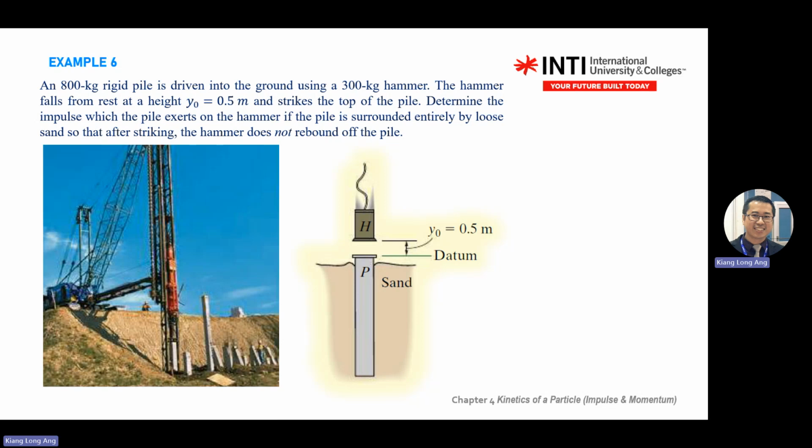So when they are together, we call it coupled, joined, then your internal impulse can be zero. Your impulse becomes internal and it becomes zero. When it becomes zero, it becomes conservation of momentum.